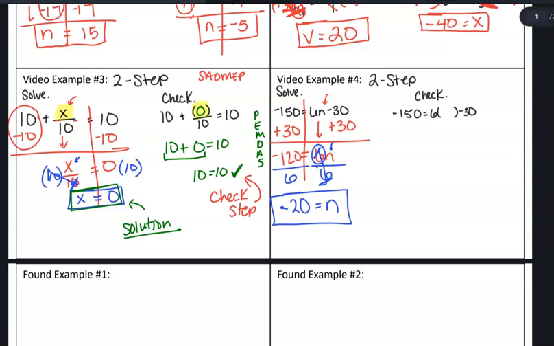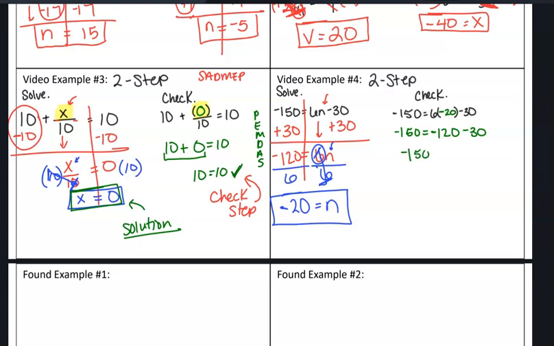We are going to substitute negative 20 for n. So we have negative 150 on the left, and we use PEMDAS, so we take care of multiplication first. So notice with solving, we work from the outside in, but with simplifying, we work from the inside out. So that is the biggest distinguishing feature of the two. 6 times 2 is 12. 6 times 0 is 0. Positive times a negative is negative, minus 30.